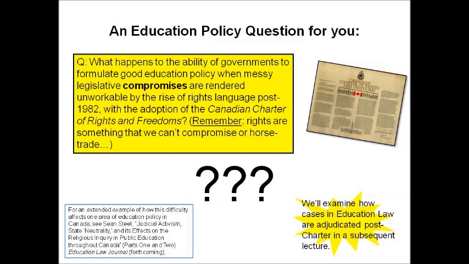An education policy question for you. What happens to the ability of governments to formulate good education policy when messy legislative compromises are rendered unworkable by the rise of rights language post-1982, when the adoption of the Canadian Charter of Rights and Freedoms comes in, right? Remember, rights are something that we can't compromise or horse trade.